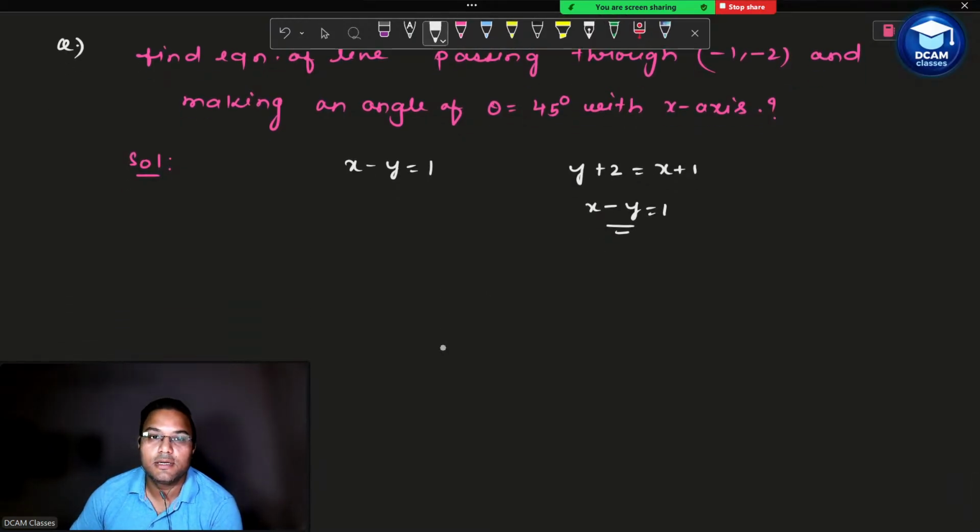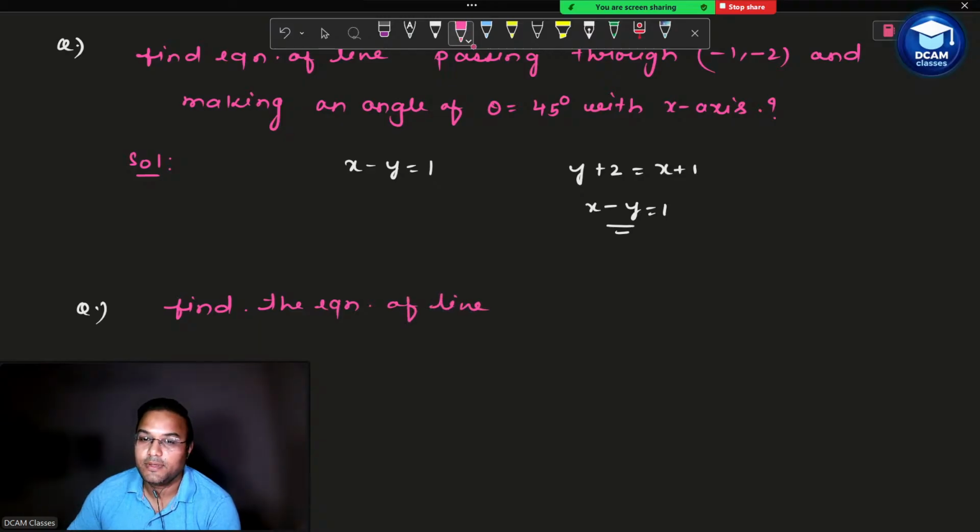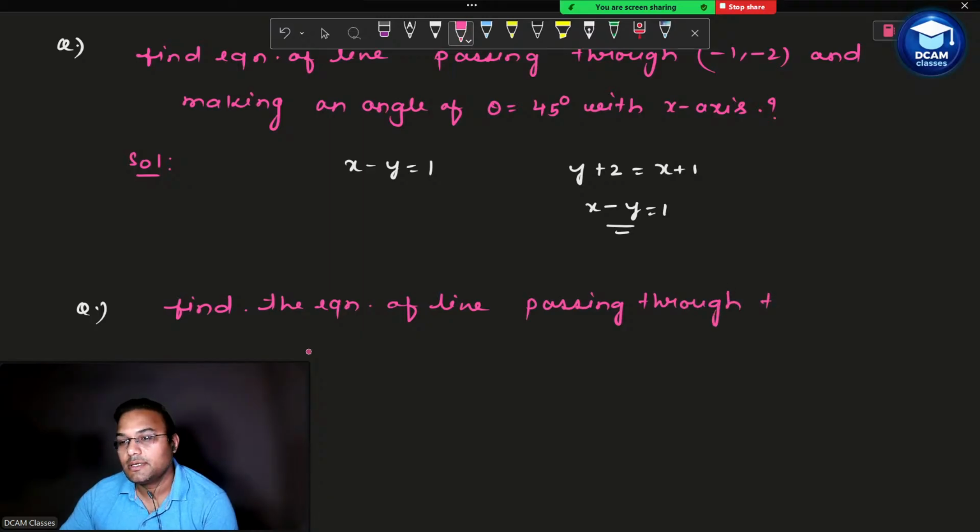Acha. Now one more question I am giving you. Find the equation of line passing through 2 points: 1 comma 1 and 2 comma minus 3.